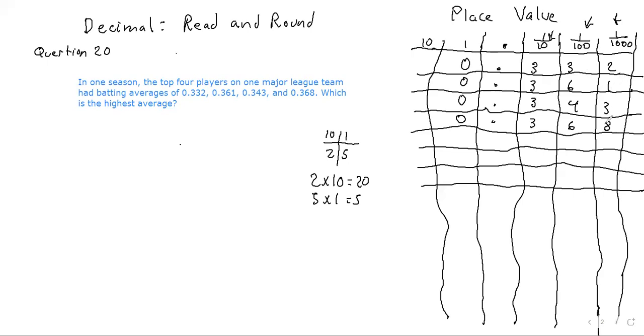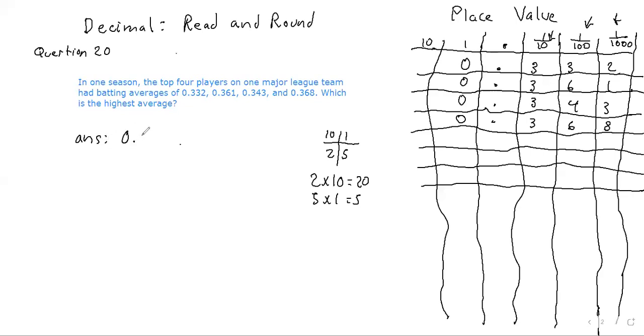We see that there's a 1 for the 361, and an 8 for the 368. Since the digit 8 is larger than the digit 1, it's 0.368 that's the largest. That means the highest batting average is 0.368.